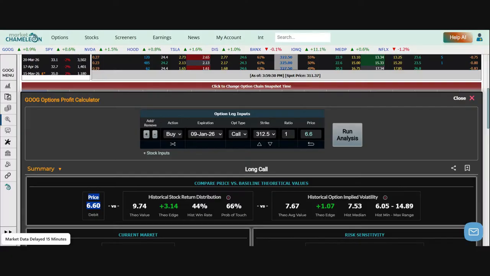Usually an option could be priced with a higher premium for uncertainty, or for anything could happen, or it could be priced lower because people's expectations are that volatility will be lower, or there's a lot of supply and demand to sell premiums. So those option prices are fluctuating all the time.